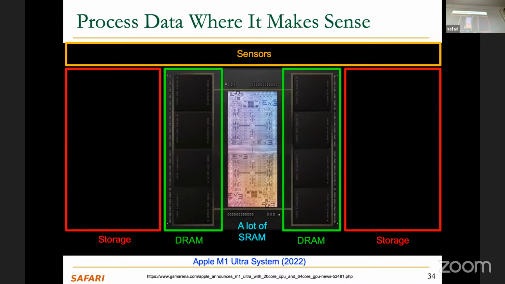But think about the large amounts of data that we typically keep in the storage, right? We are talking about gigabytes or terabytes of data. We are not using all that data at the same time. But even more, we may need to access part of the data that we keep in the storage, which may represent gigabytes of data, but perhaps we only need to check if that's the data we want or not.